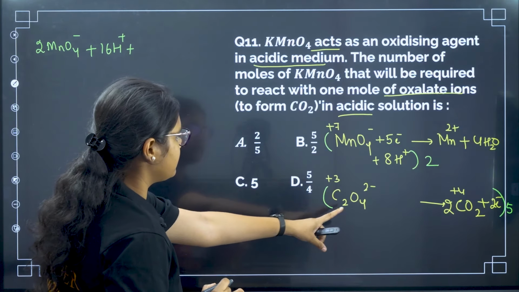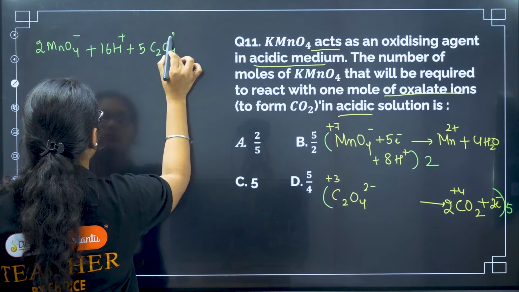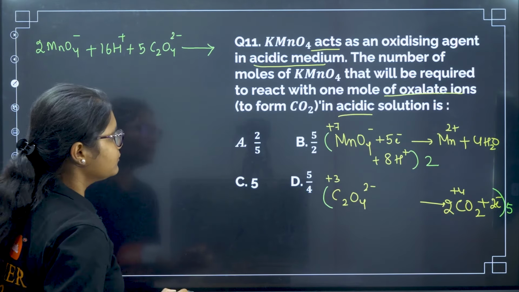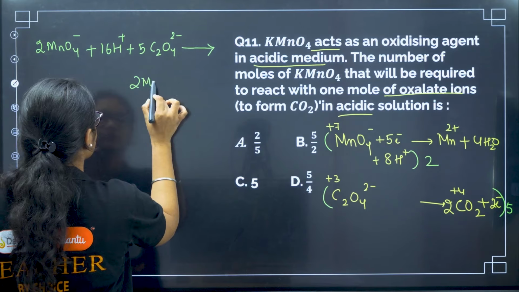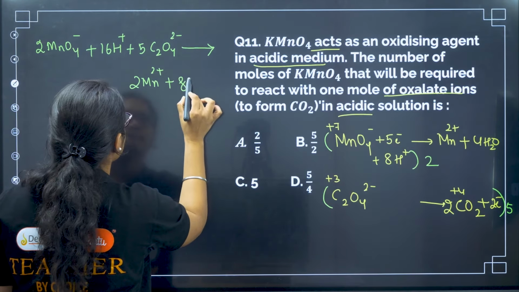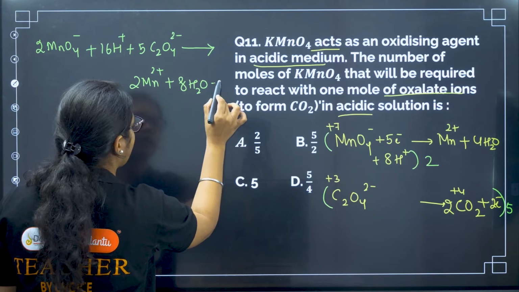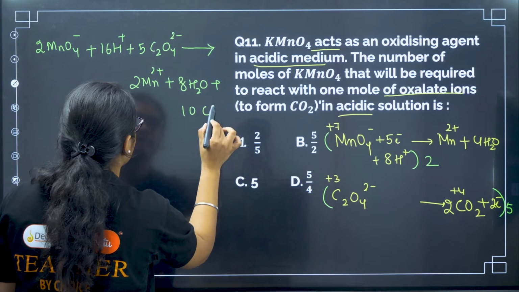Then this side we have 5 C2O4 2 minus, that gives us 2 Mn2 plus, we have 8 water, and then 10 carbon dioxide.